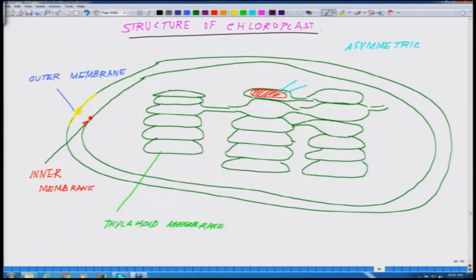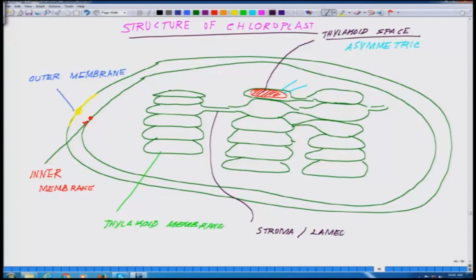There are a few other things we have to mark here. We talked about the thylakoid membrane, and this space in between what you see is called the thylakoid space. Then these connectors are called stroma lamellae.